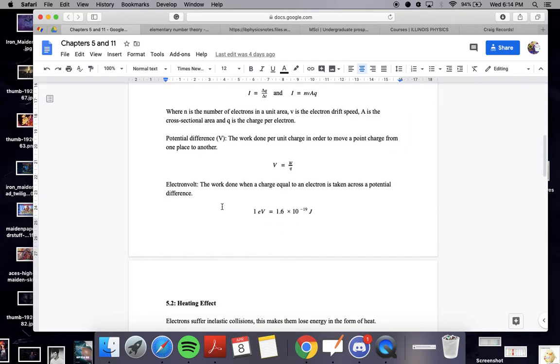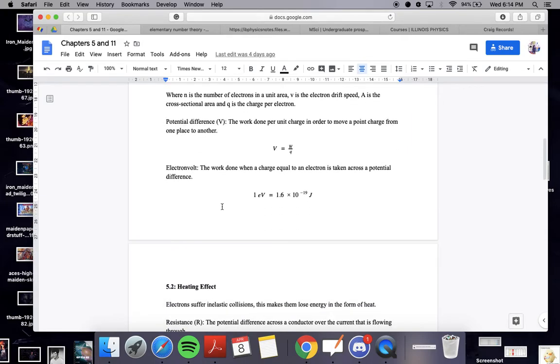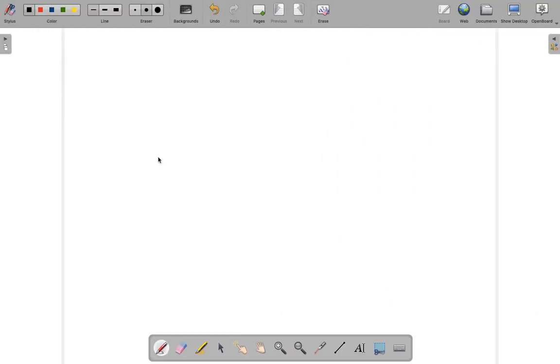Now to continue. Potential difference. Potential difference is the work done per unit charge to move a point charge from one place to another. So potential difference can be given by work done W over charge Q. So let's say we go back to the wire over there, as I'd drawn earlier.